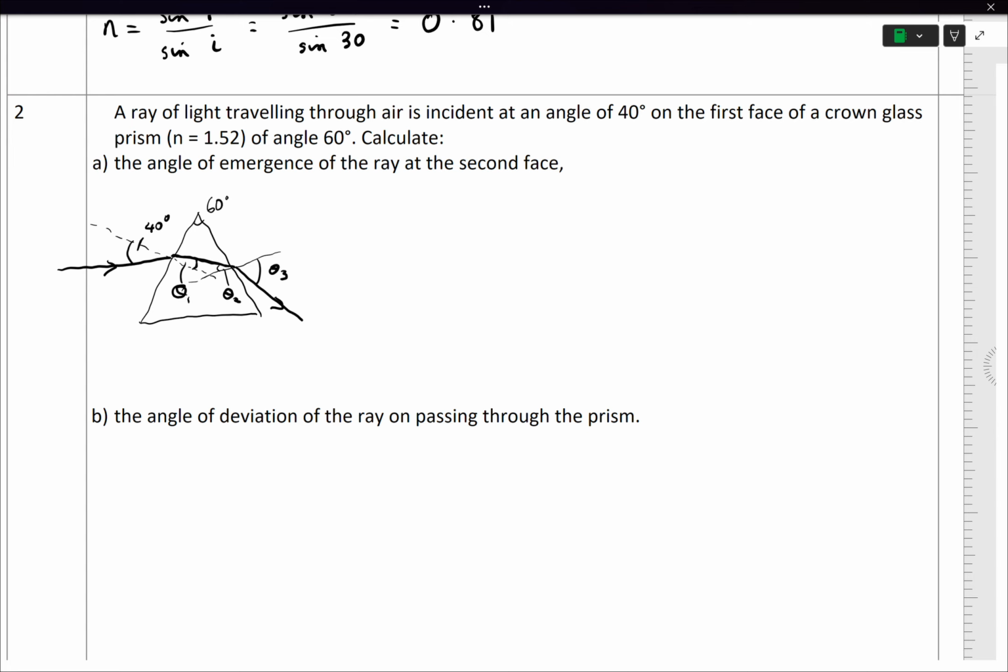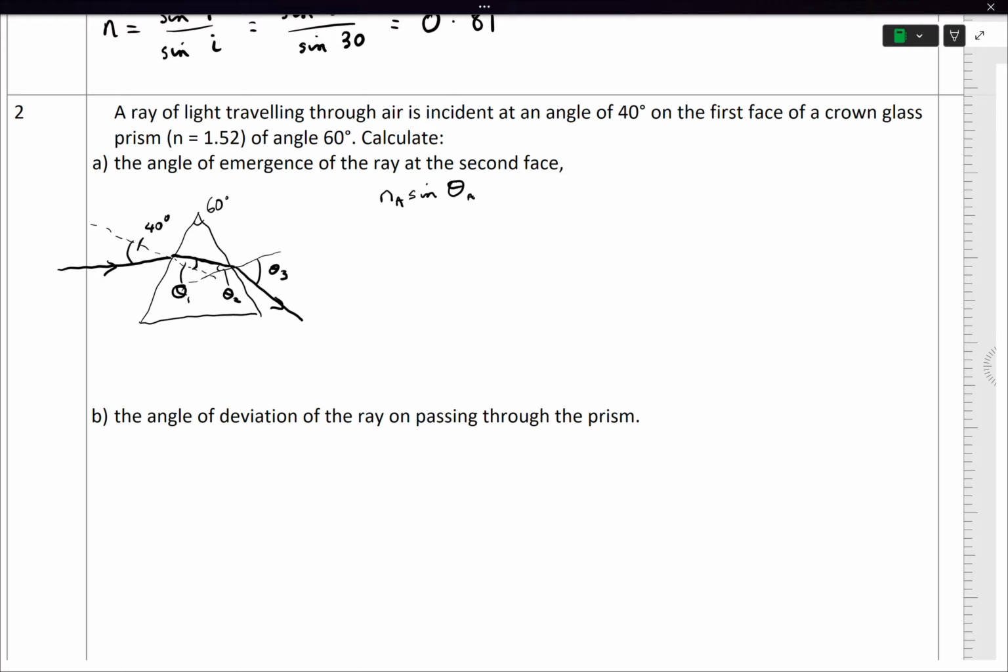So to work out the value of theta 1, we need to use Snell's law. Let's not use n1, because we've already defined what that is.